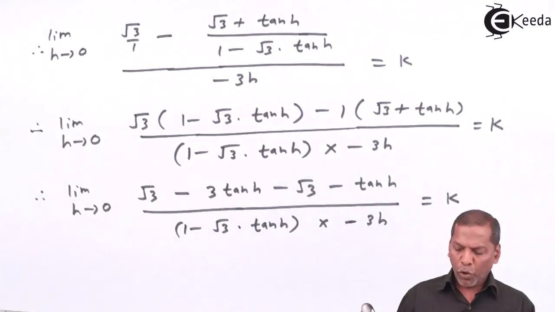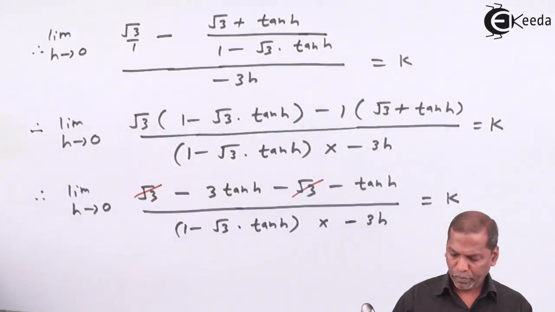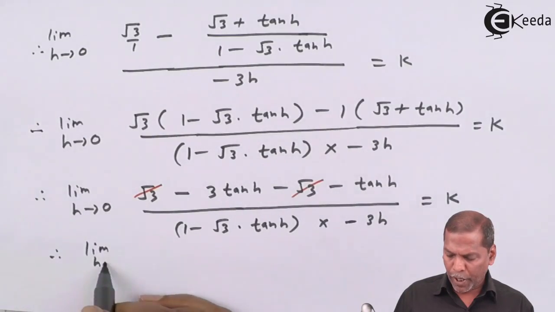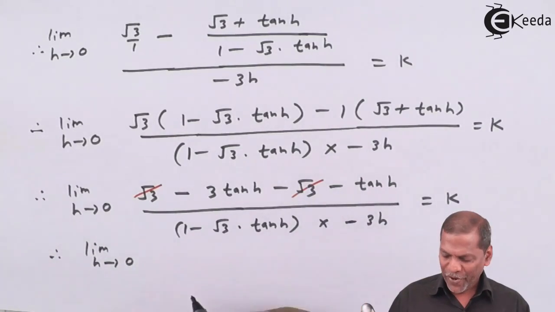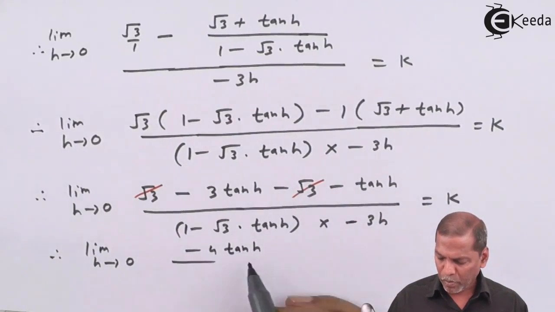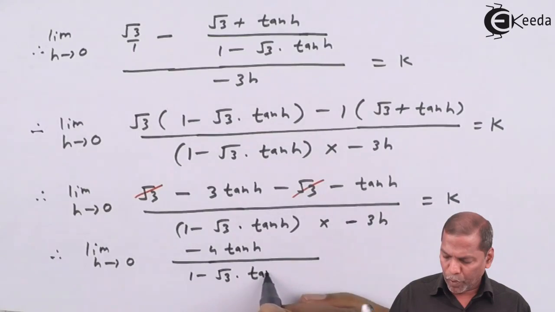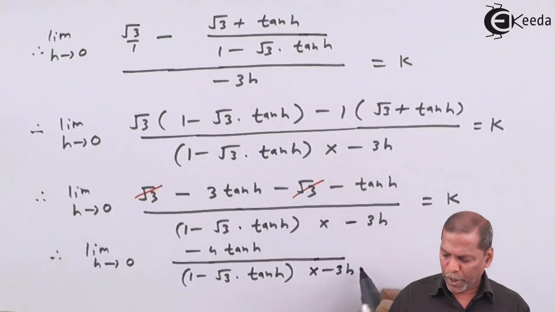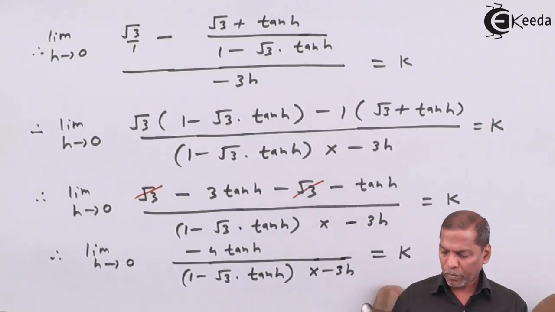Now if we observe in the numerator, we cancel plus root 3 and minus root 3. Therefore limit h tends to 0, minus 3 tan h and minus tan h, so that gives minus 4 times tan h upon (1 minus root 3 into tan h), bracket complete, into minus 3h, we write as it is, and is equal to k.